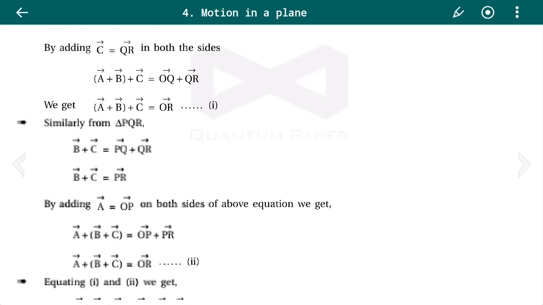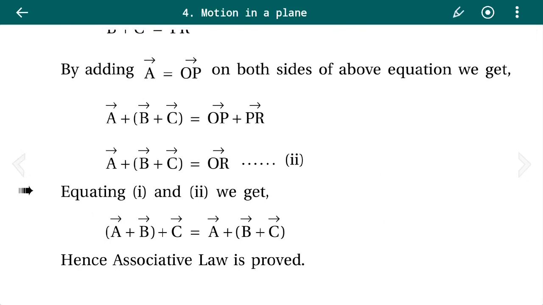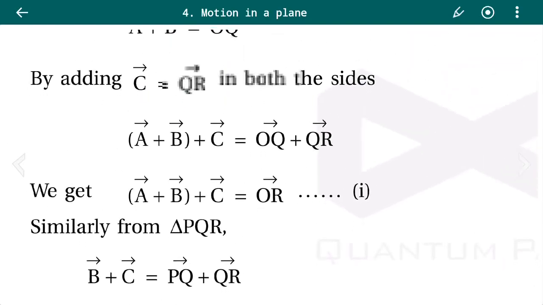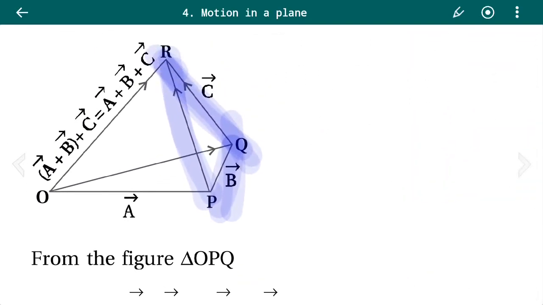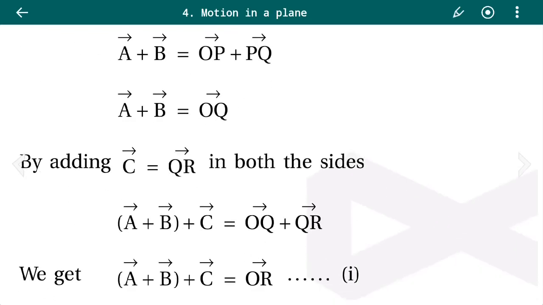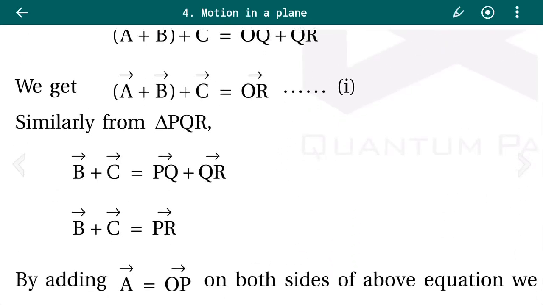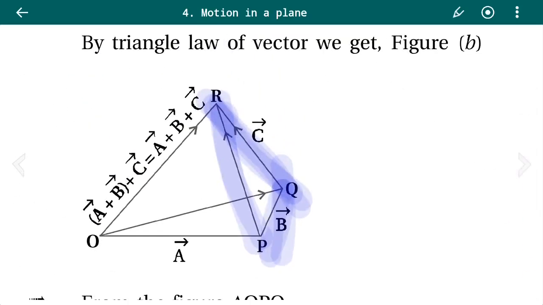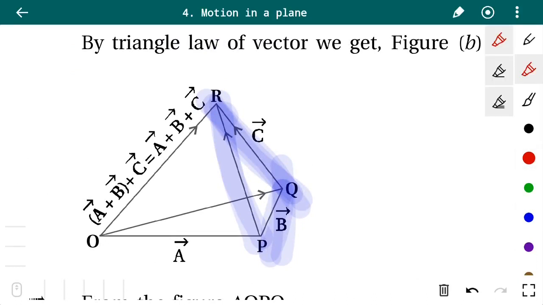So vector B plus vector C is equal to PQ vector plus QR vector, and PQ plus QR is equal to PR, and to this we are going to add vector A. As you can see over here in this figure, we already have PR as the resultant of B plus C.